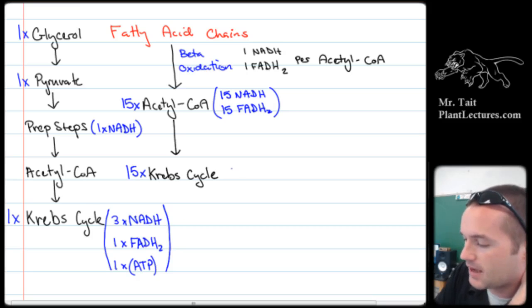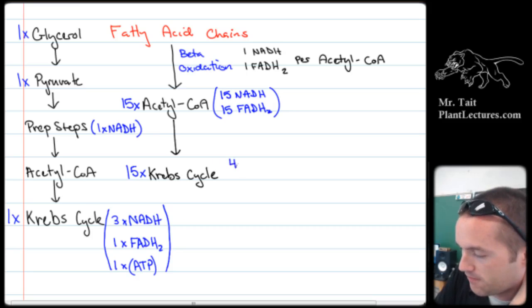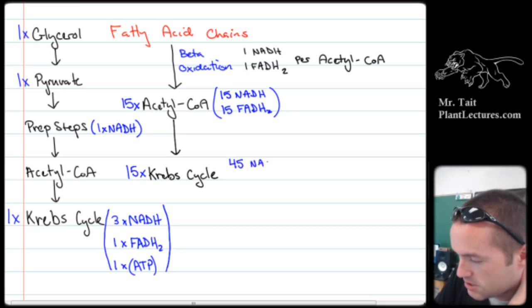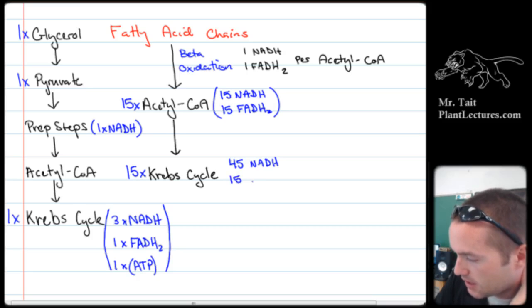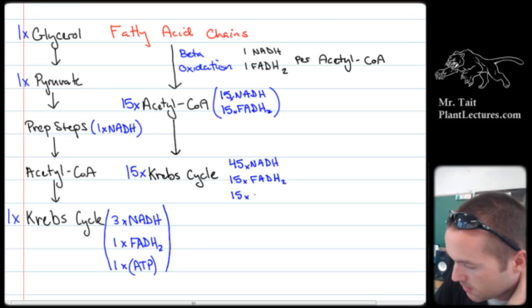So 15 times 3 is 45 NADH that get made there. 15 times 1 is 15 FADH2. And then 15 times 1 is 15 of these GTP things that we're just going to call ATP.